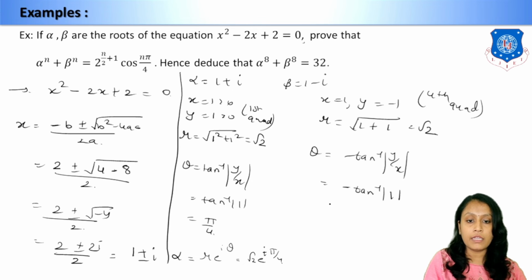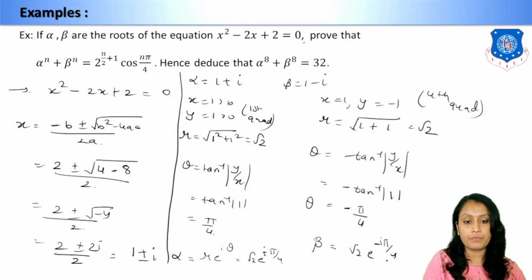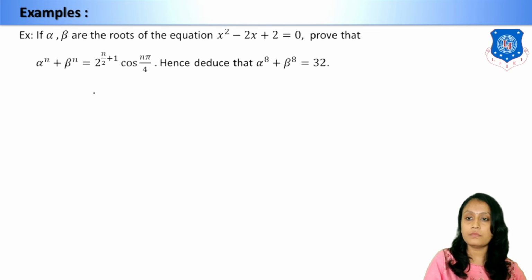We know tan inverse 1 is pi by 4, so the final answer is minus pi by 4. So this beta we can write in the exponential form as under root 2 e raised to minus i pi by 4. Now alpha is under root 2 e raised to i pi by 4, and beta is under root 2 e raised to minus i pi by 4.